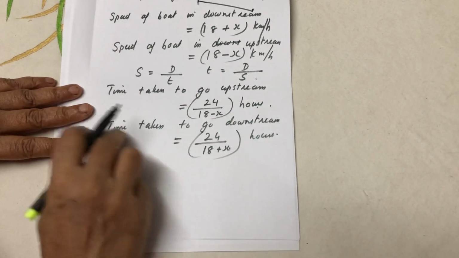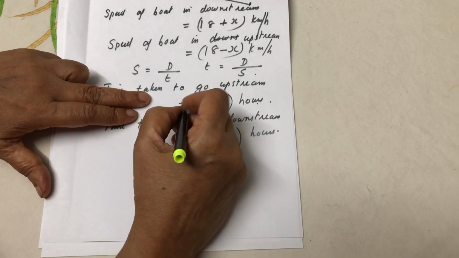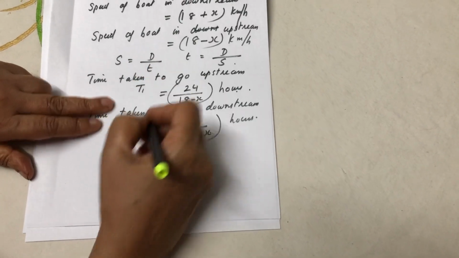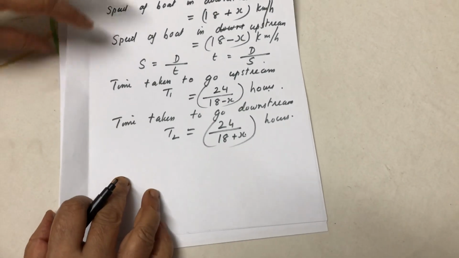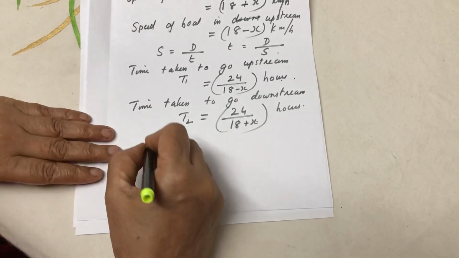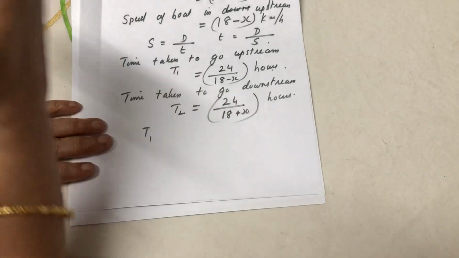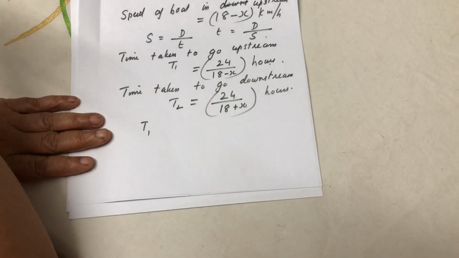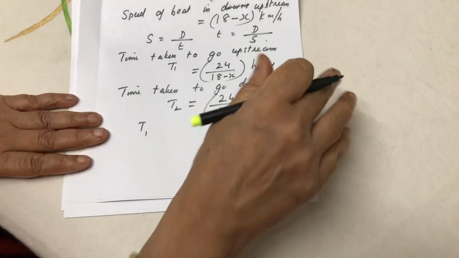Suppose the time taken upstream is t1 and the downstream time is t2. The difference in time is 1 hour. You know that when the boat goes upstream, the time taken will be more than the time taken to go downstream.